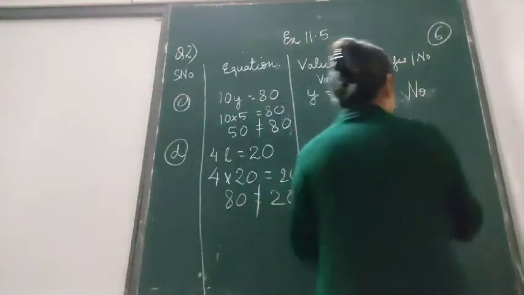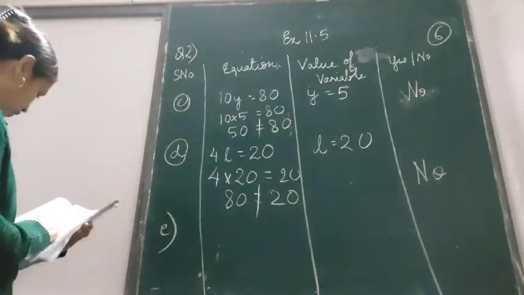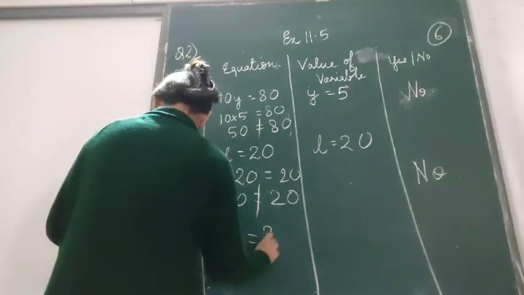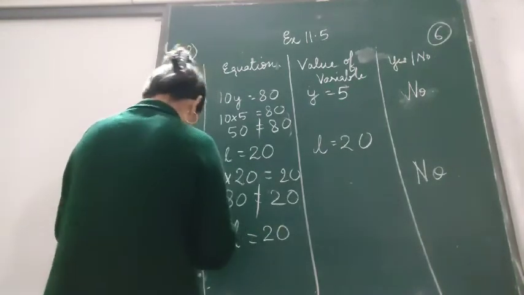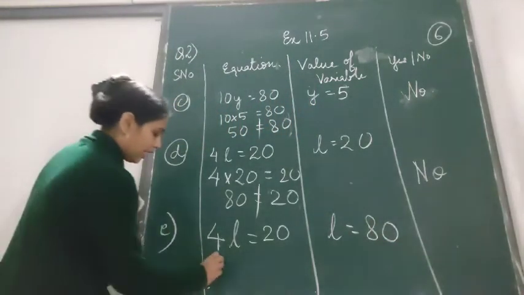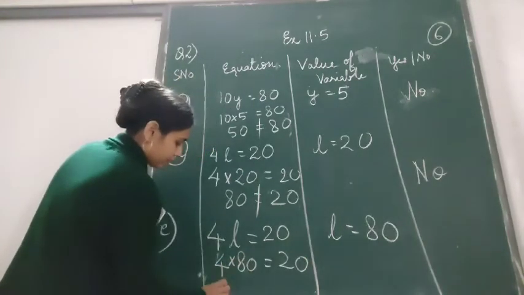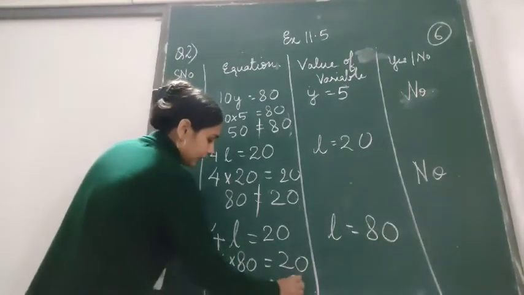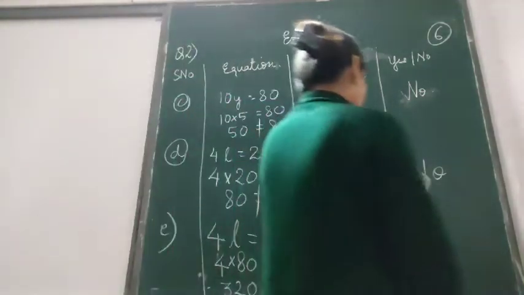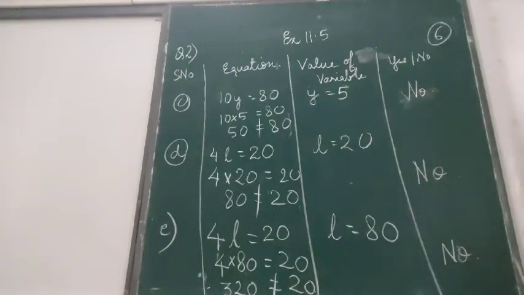No. So we will write no. Then we go to E. 4L is equal to 20 and L is equal to 80. So we put the value of L as 80, children. 4 8s are 32, so this is 320 and this is 20. Are they equal? No. So we write answer as no.